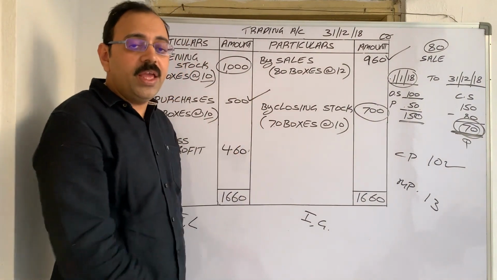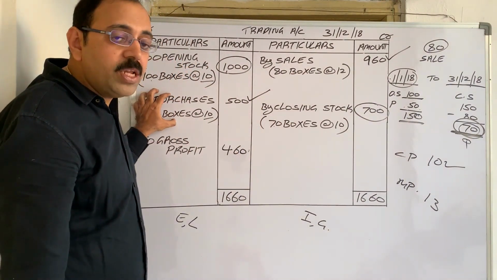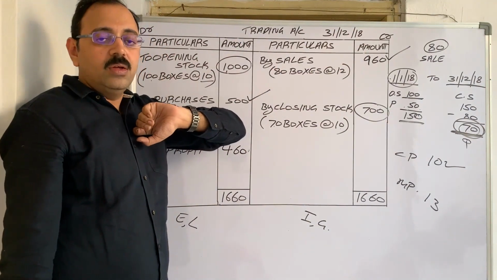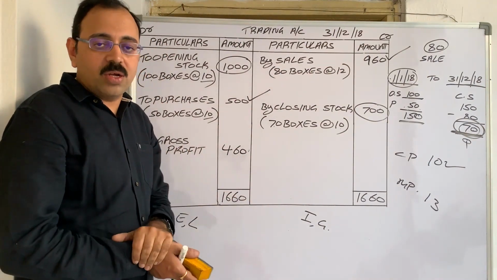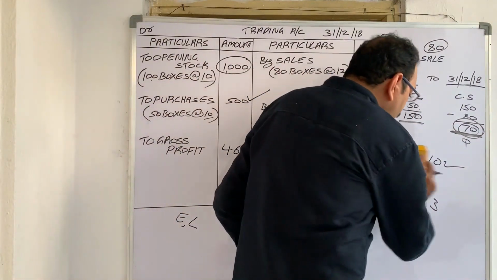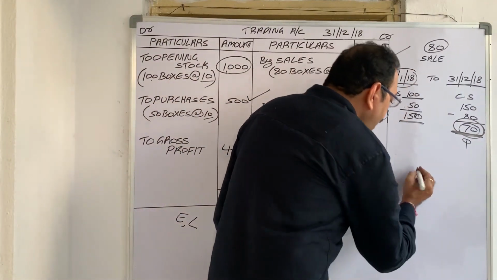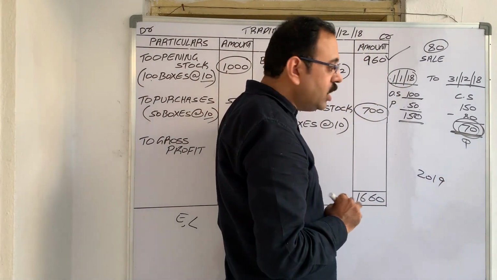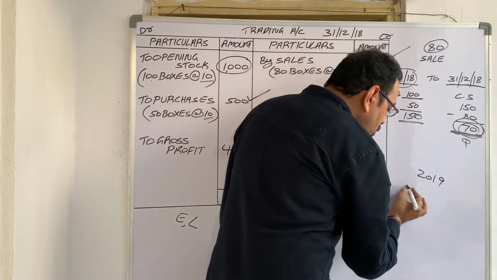But according to trading account, 50 boxes we purchased and 50 boxes we sold at the rate of 960. Now there is no closing stock. Then assume that for next year we are preparing accounts. Next year 2019, how many boxes are there with us? 70 boxes, no?